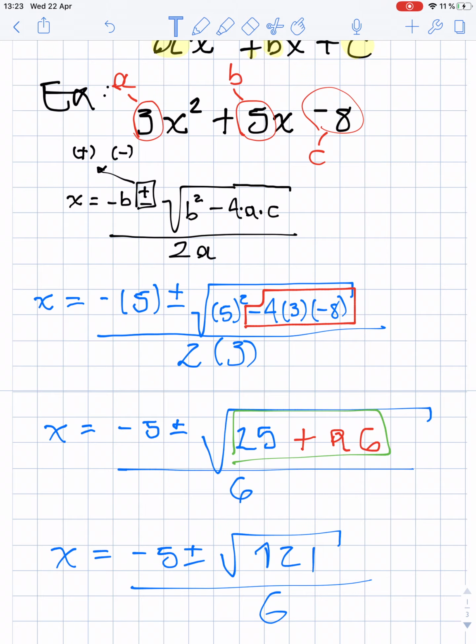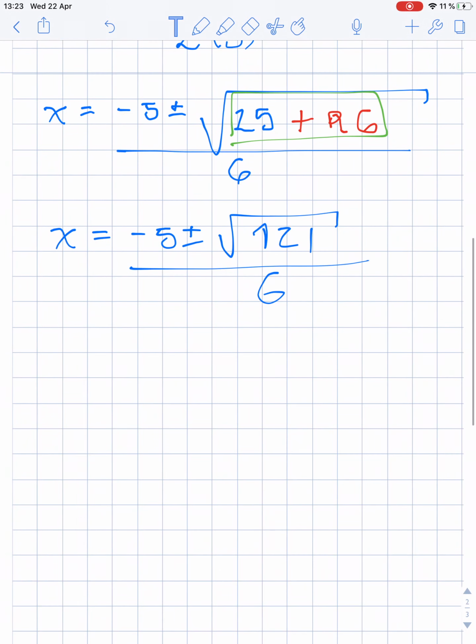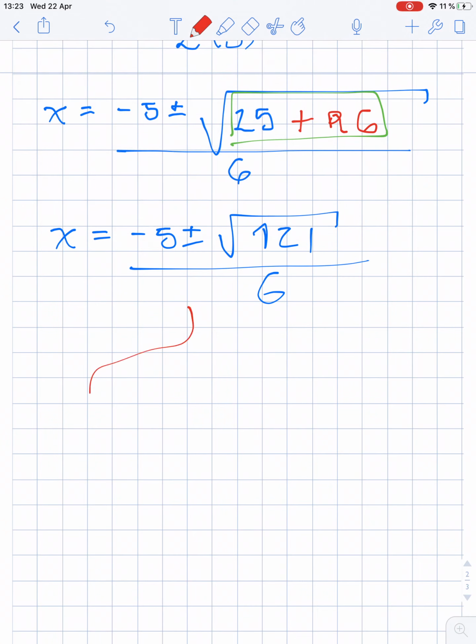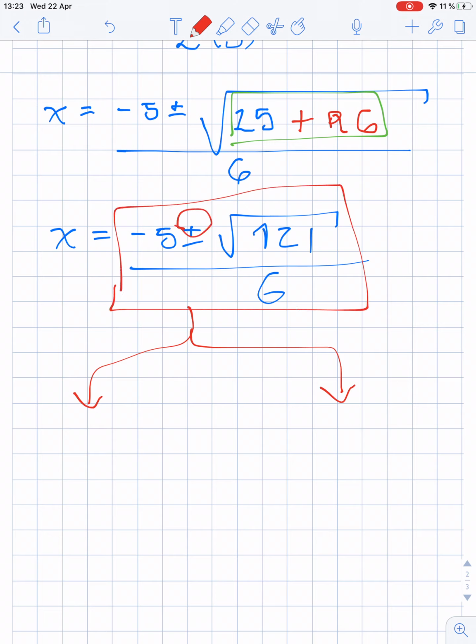When you reach this point, we have two options. We need to do this expression with plus. That means x equals minus 5 plus the square root of 121 over 6.